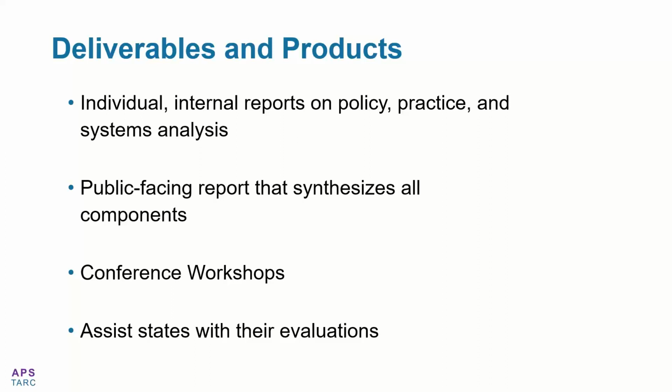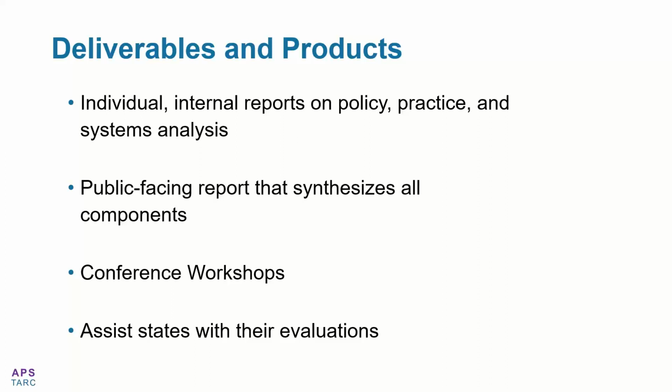Last thing is, we know that a number of states with their formula funding grants are doing evaluations of their system, trying to understand where they may want to make improvements, how they compare to other state APS programs. This information is going to be a great resource for you with that.